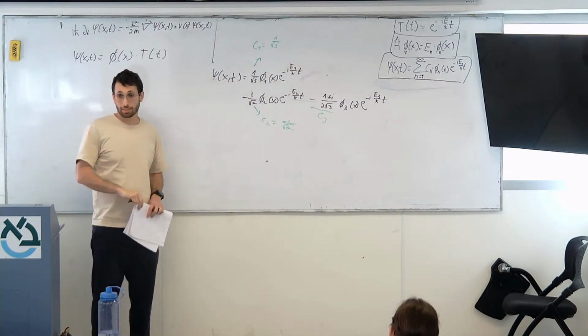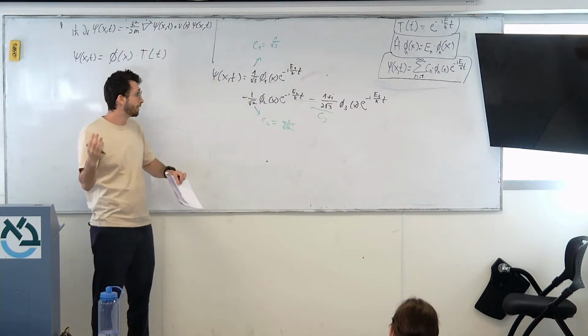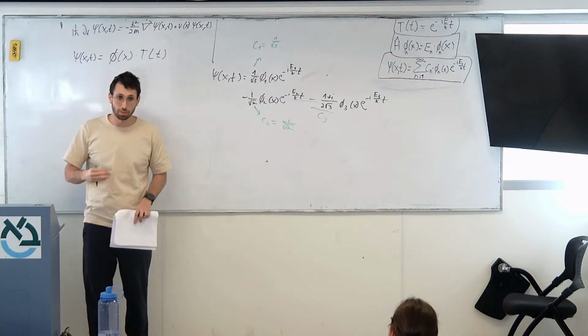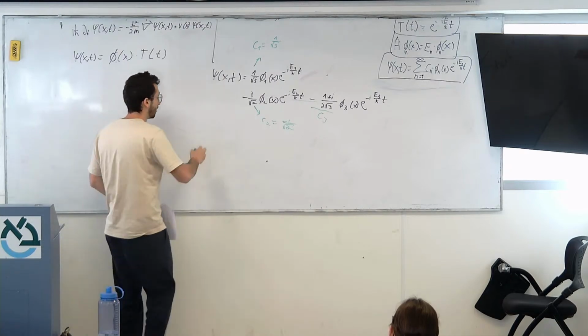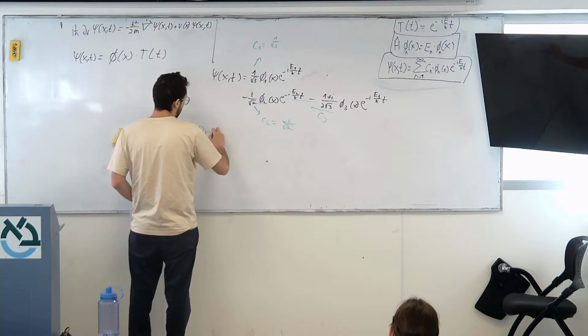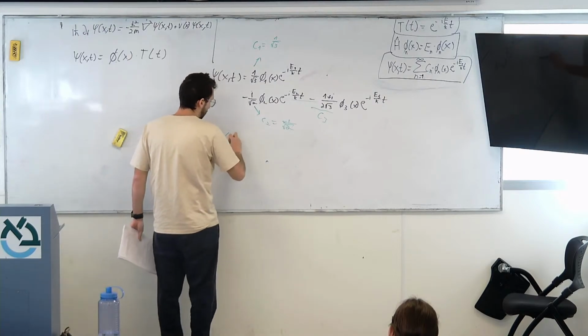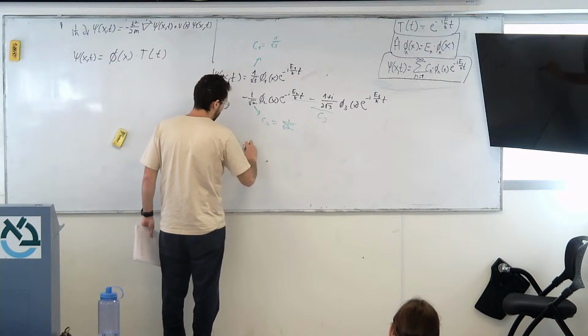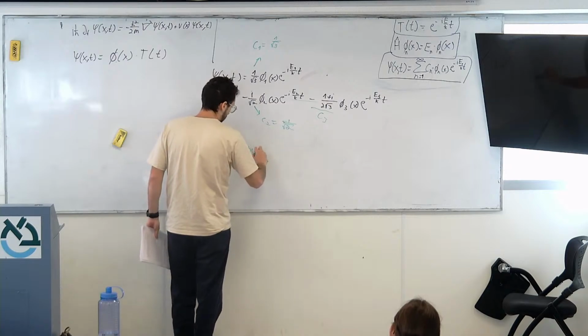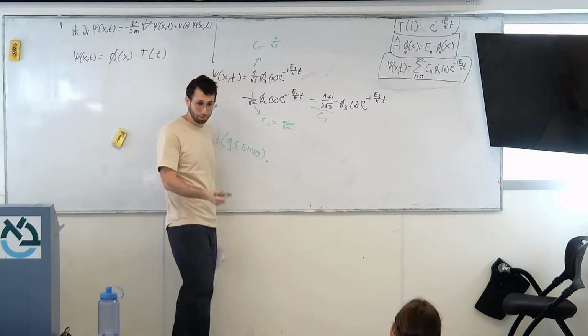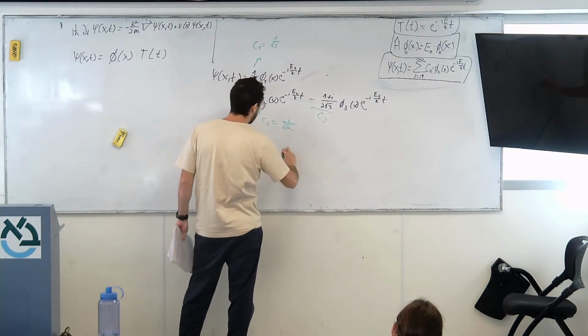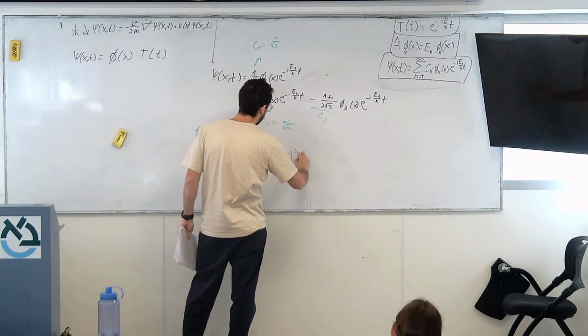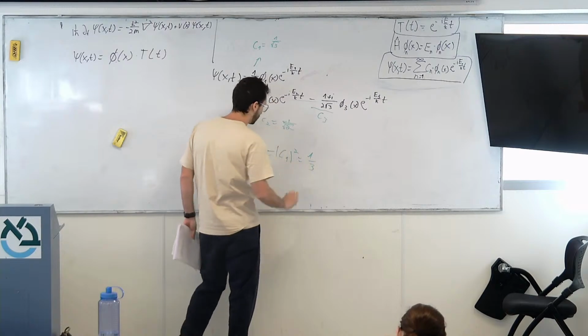If you want to ask the question, what is the probability to be in the ground state energy? It sounds like a very complicated question, and this is basically just C1 absolute value squared, or a third.